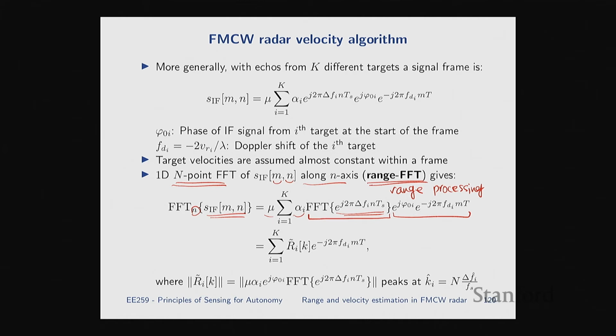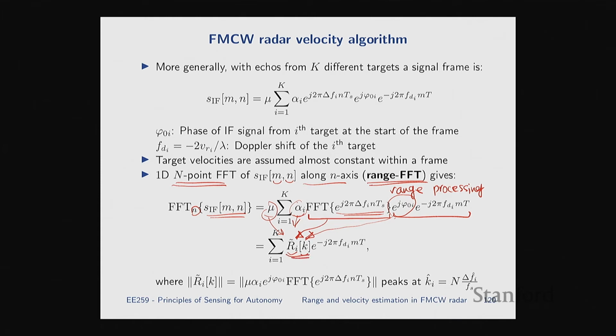So you take the FFT of that, and I'm calling it R tilde I of k. In fact, in this R tilde I, I'm also including the constants, so the alpha I, the mu, and the e to the j phi I 0, I'm lumping those into R tilde I, just to simplify the math, right?